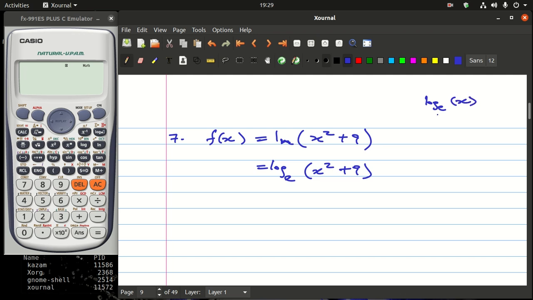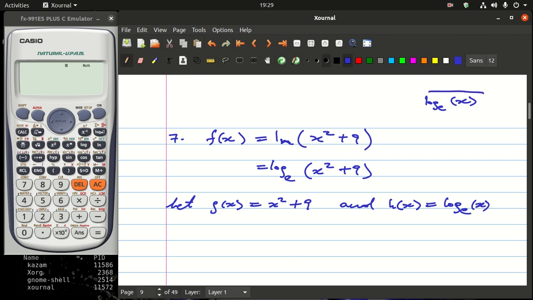But now in the value of x, I have something sitting in there. So let my g of x be that function that is sitting in the value of x, which is that. So I have x squared plus 9. And my h of x is going to be log e, but in the value of this function here, I'm just going to place in my x here.